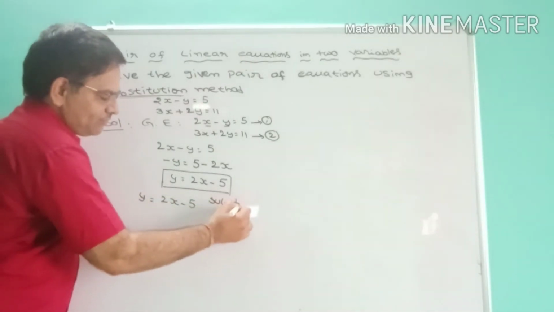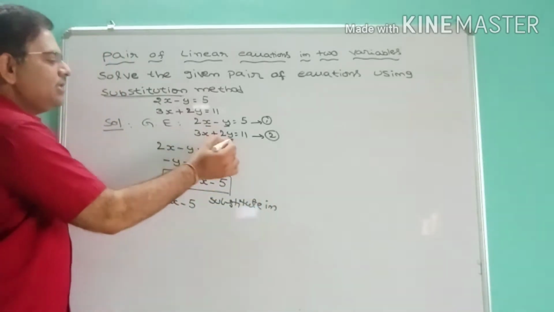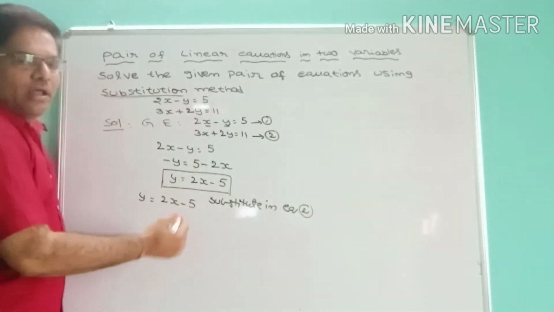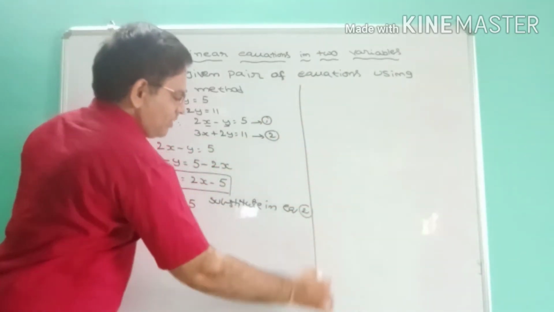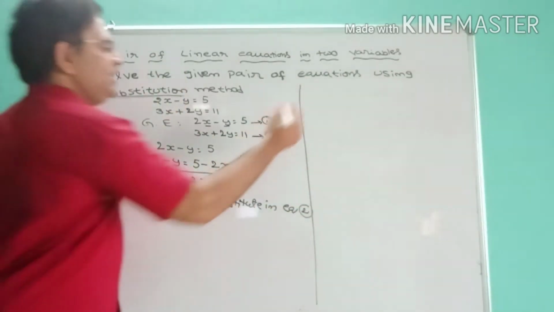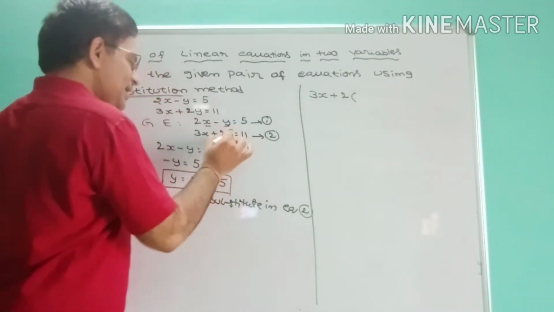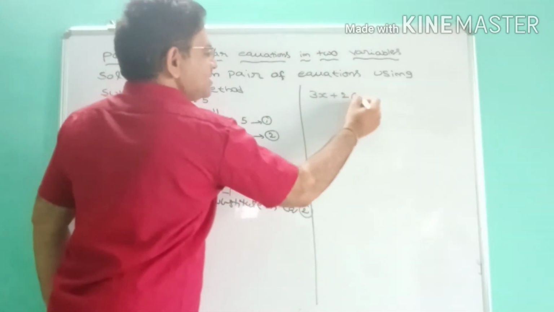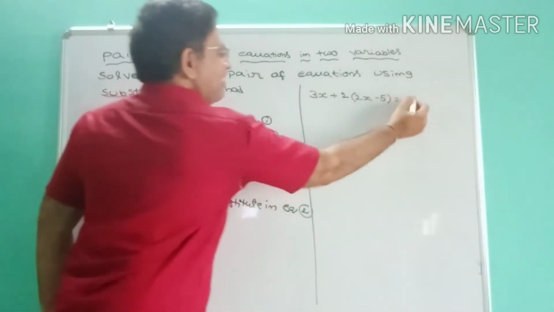substitute in equation 2. How does the equation change? 3x plus 2 into, wherever the letter y is there, replace it with 2x minus 5, equal to 11.